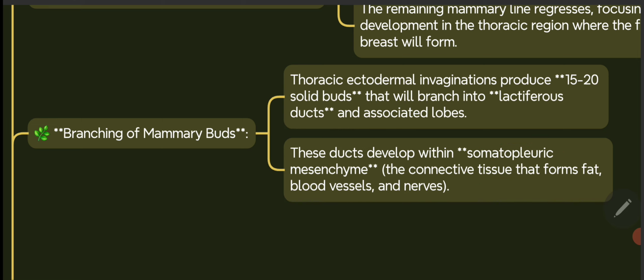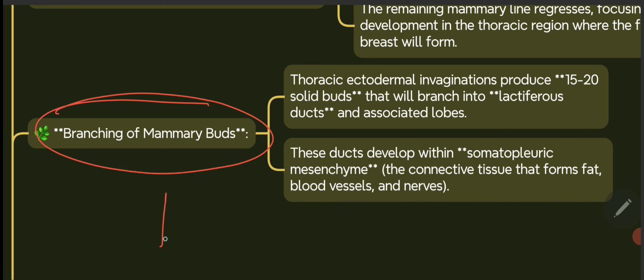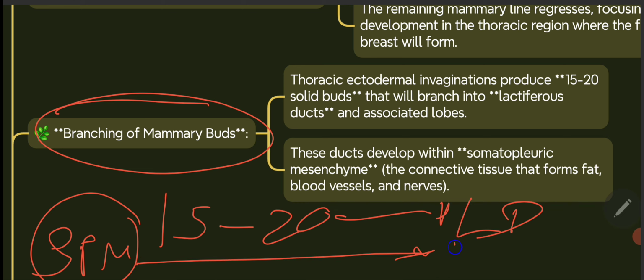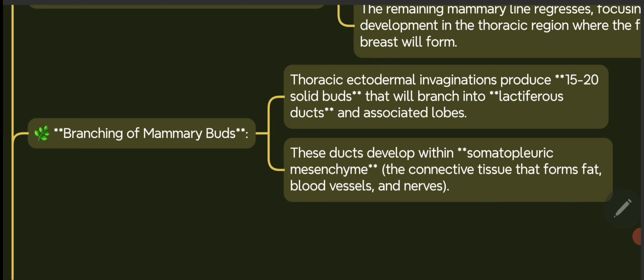What do we have to remember here? Branching of the mammary buds: 15 to 20 solid buds become the lactiferous ducts, and these ducts develop within the somatopleuric mesenchyme, the connective tissue which makes the fat, blood vessels and the nerves.